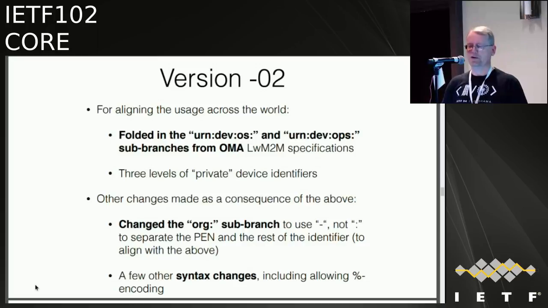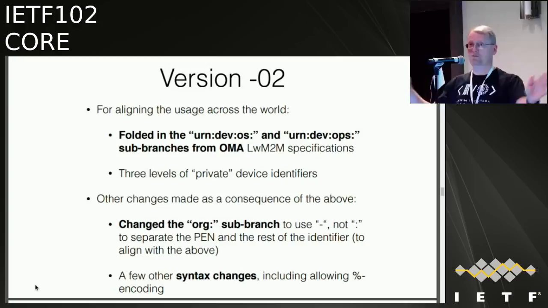So we had recently introduced this org, the organization free-form device identifier, which used colon, and these things from OMA used dash. So I changed that in the org, and maybe that's okay because the org is a recent innovation of ours and not widely done yet.